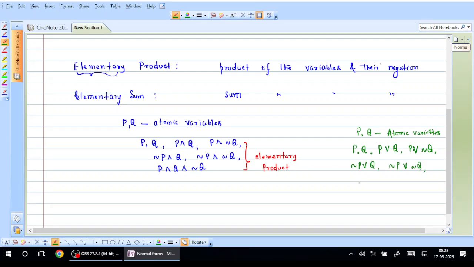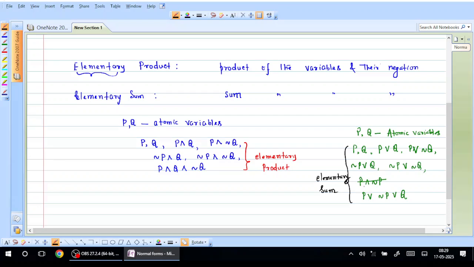For example, P join not P join Q, and in this way I can go on. These are elementary sums.